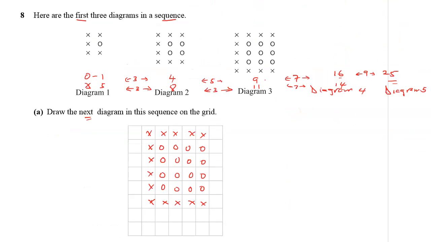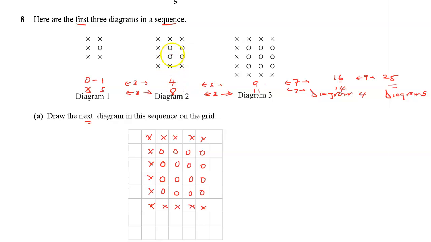You can see in diagram 1, we have only one circle. Diagram 2, we have 2 rows. Diagram 3, we have 3 rows. Diagram 4, we have 4 rows. And therefore, in diagram 5, we'll have 5 rows, each with 5 circles in each row.